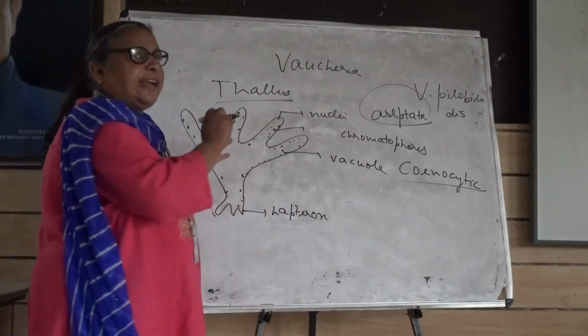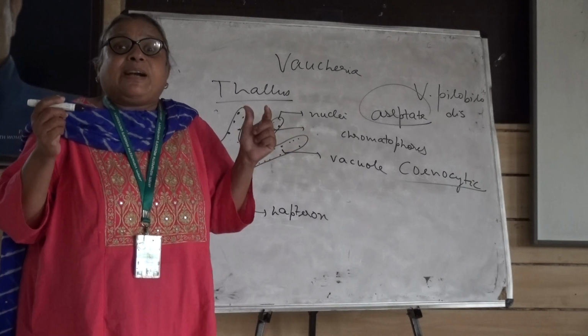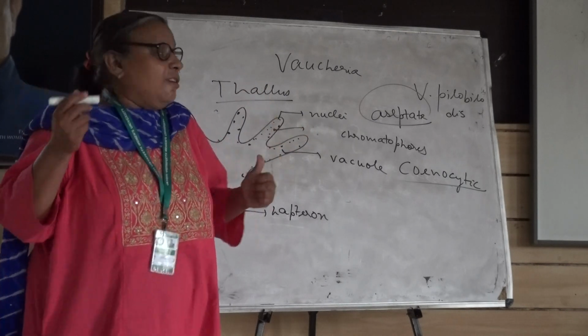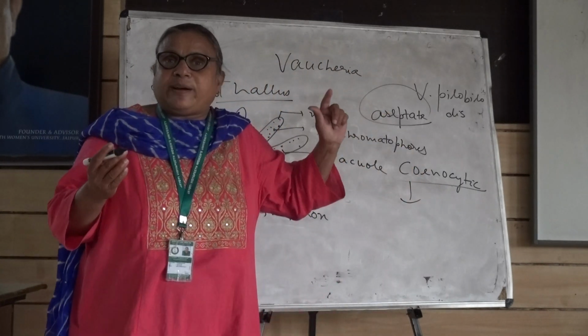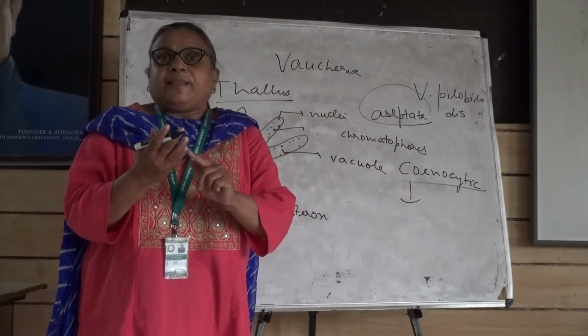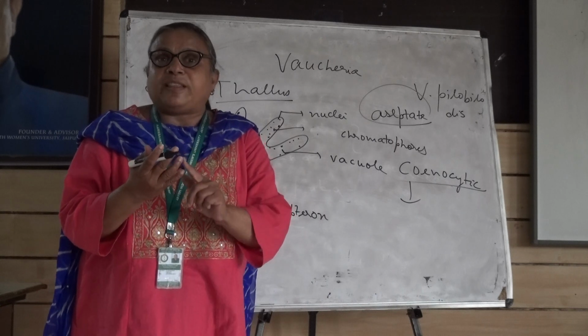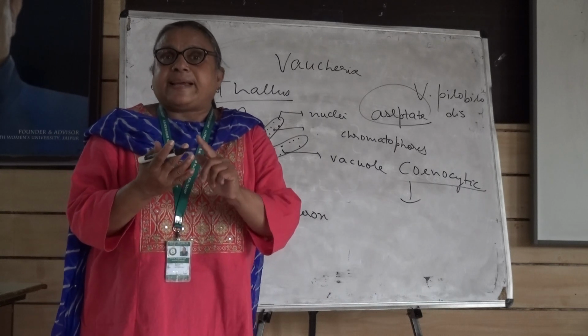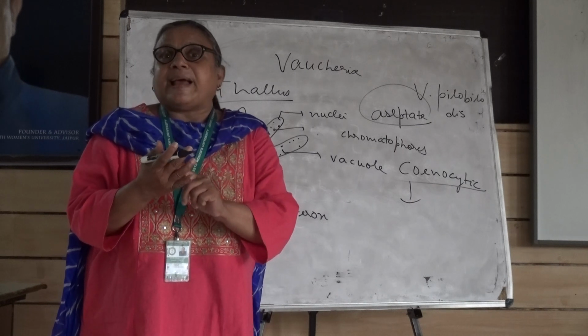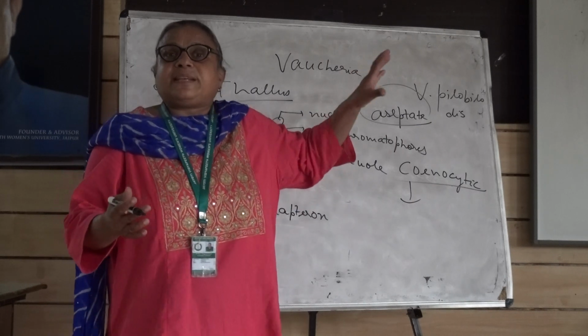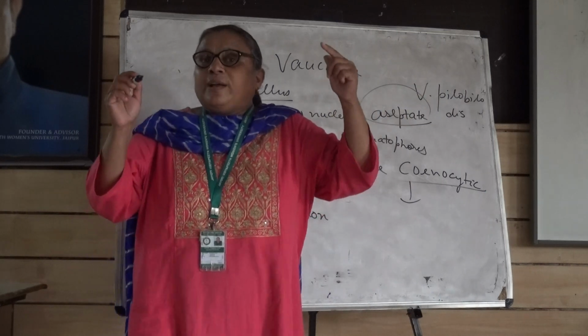You are seeing there is no septa formation, but there are a number of nuclei. What do you understand by coenocytic? When the Vaucharia thallus lacks septa but has a number of nuclei, the thallus is multinucleate, and this condition is known as coenocytic.